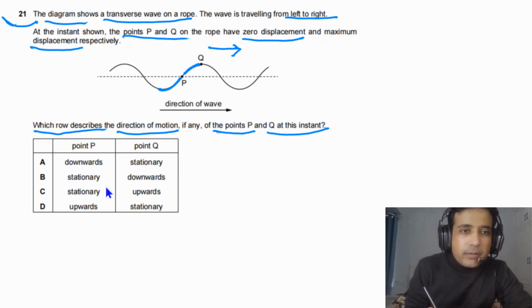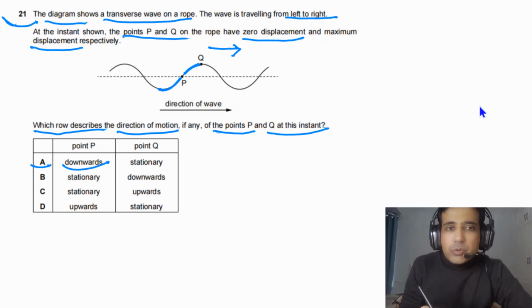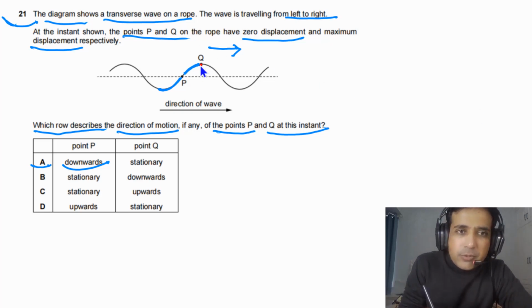Now for the answer, it is given to us. If you look at option A, particle P is moving down, meaning the particle at point P is moving downwards. So this one is true. Also we need to understand that the particle at the top, at this point, the speed of this particle is equal to 0, and the speed of a particle at equilibrium is maximum.